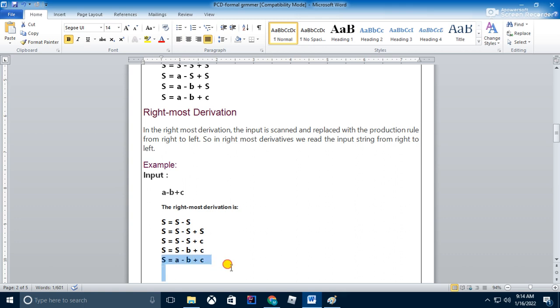In this way we have replaced the entire production starting from the rightmost symbol. Starting from the right hand side we proceed to the left hand side. So we have obtained the input string a - b + c by using the rightmost order of derivation.